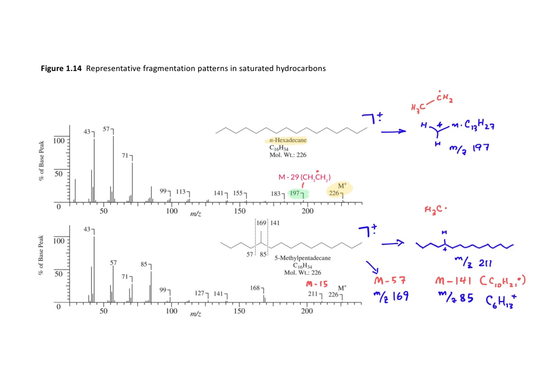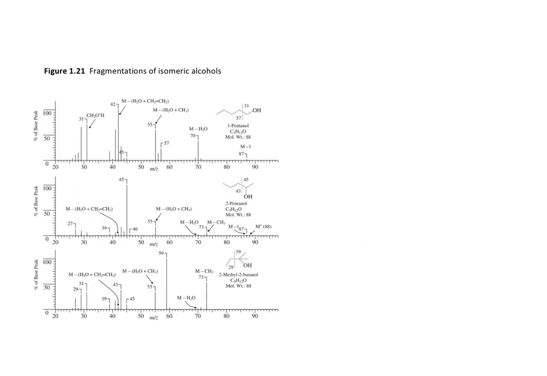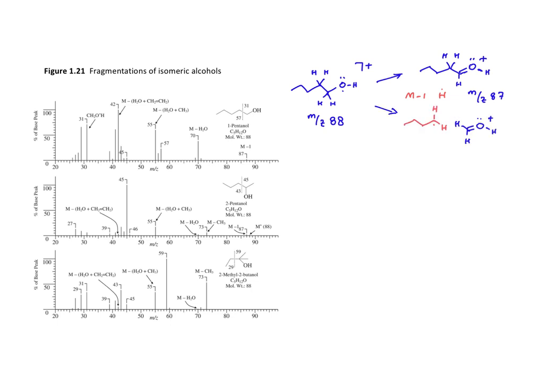For saturated alcohols, the molecular ion is difficult to observe, as the predominant fragmentation patterns are loss of hydrogen radical from the carbon attached to oxygen and carbon-carbon bond cleavage, in the case of 1-pentanol losing a butyl radical to give a protonated formaldehyde at mass over charge 31.